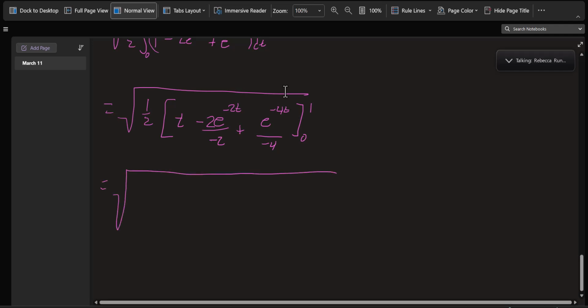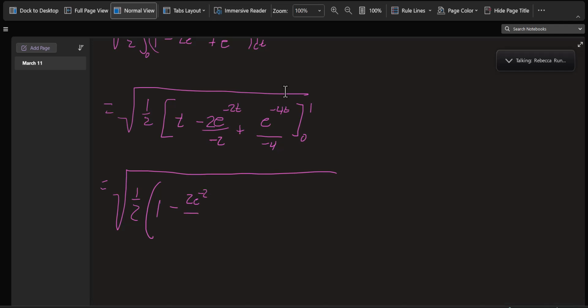Which would be the square root of 1/2 times 1 minus 2e to the negative 2 over negative 2 plus e to the negative 4 over negative 4, minus 0 plus 1 minus 1/4, and then that equals something. I'll just compute that.